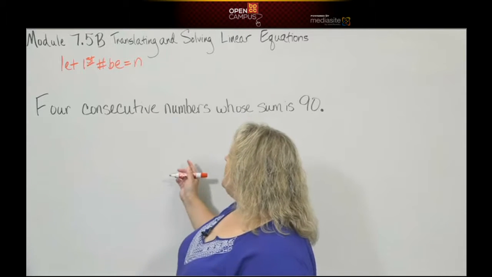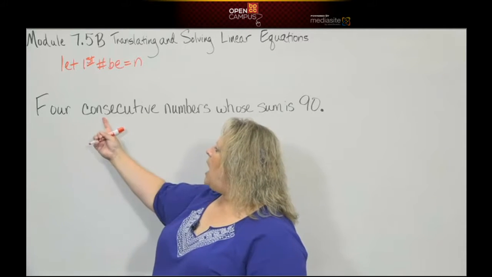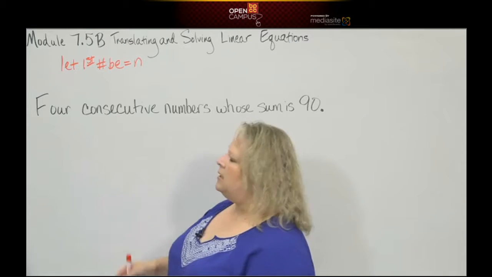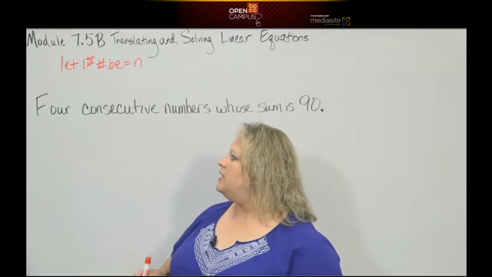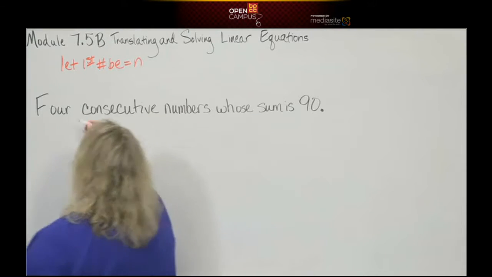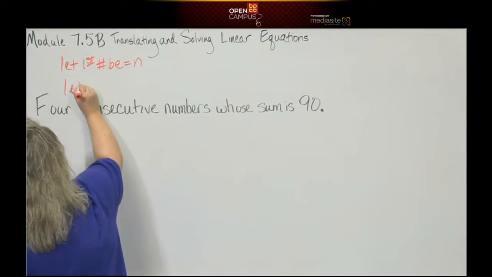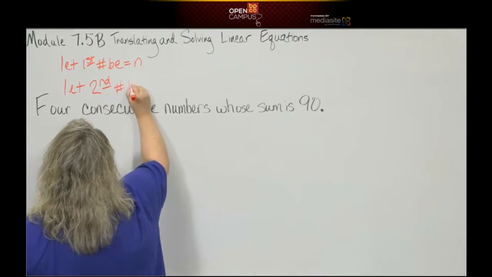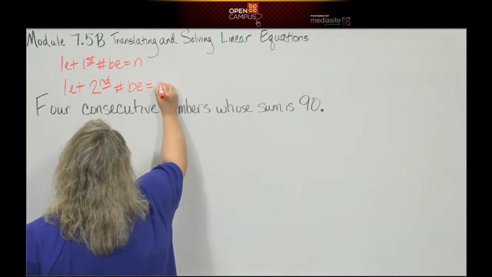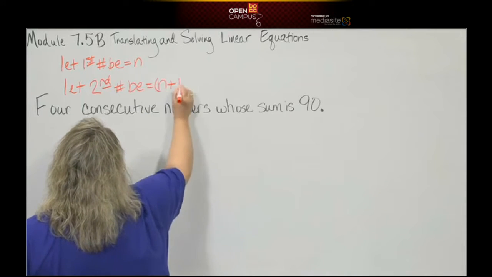All right, if n is going to be our variable, I want consecutive numbers. It doesn't say consecutive even, it doesn't say consecutive odd, it just says consecutive. So we need to let our second number be equal to n plus 1, okay?